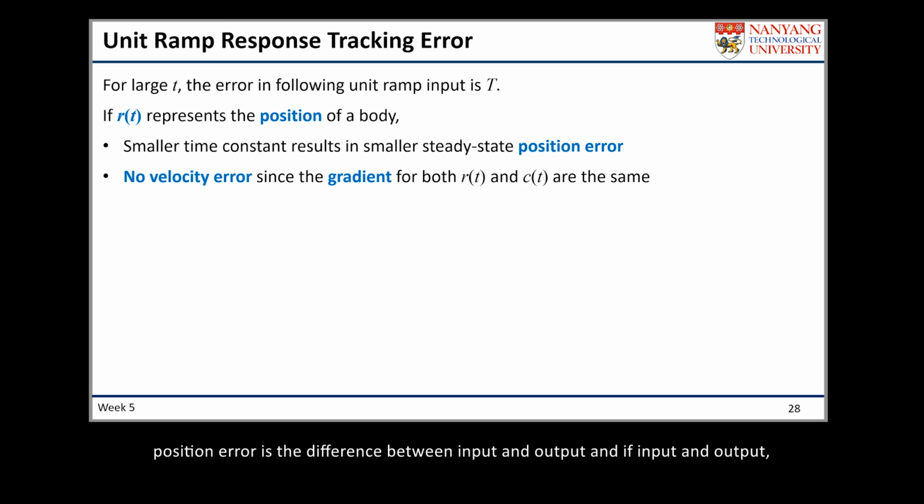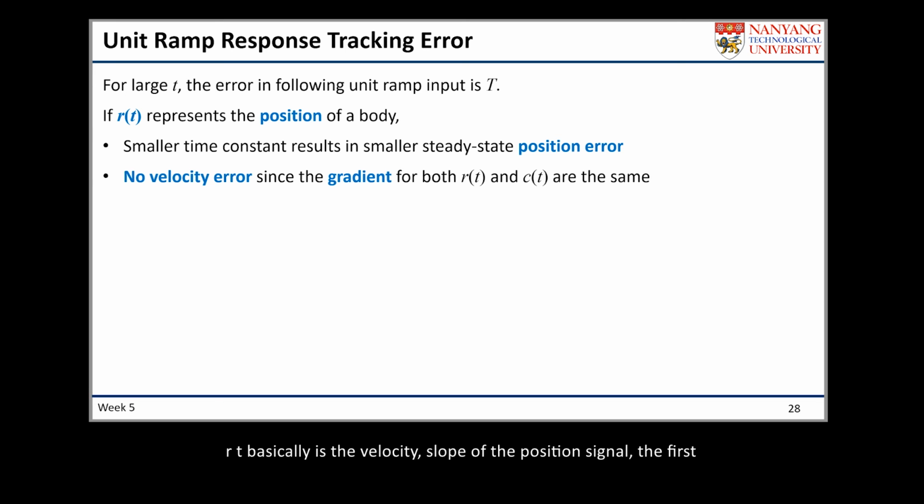If the input and output, r(t) and c(t), represent the position, then the difference basically is the position error. And if r(t), the ramp signal, represents the position, the slope of r(t) basically is the velocity, right?